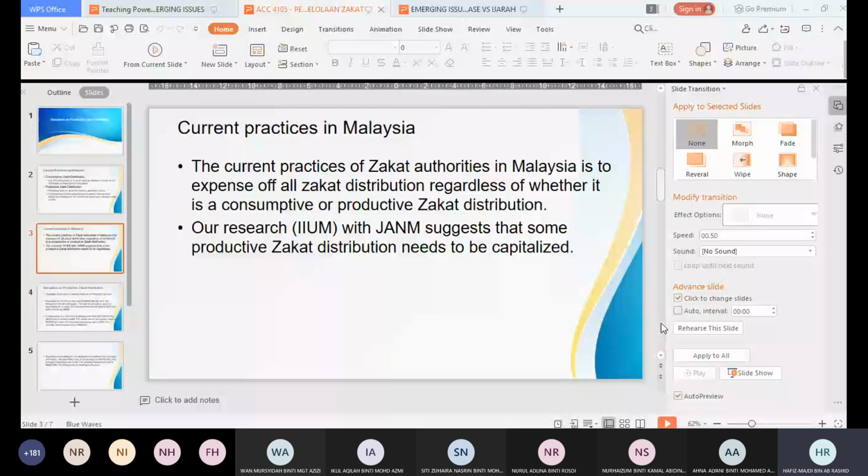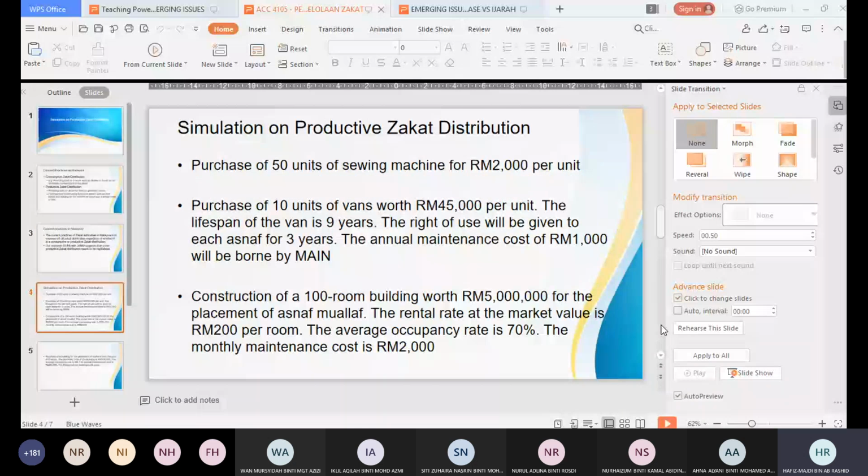So of course there are a lot of issues, but I don't want to go further because I just want to complete my illustration here. Now what we have suggested is, with regard to a long-term asset which can give a longer benefit to asnaf, you should capitalize. So we do some simulation. So this is among the possible ways how productive zakat distribution can be made by zakat authority.